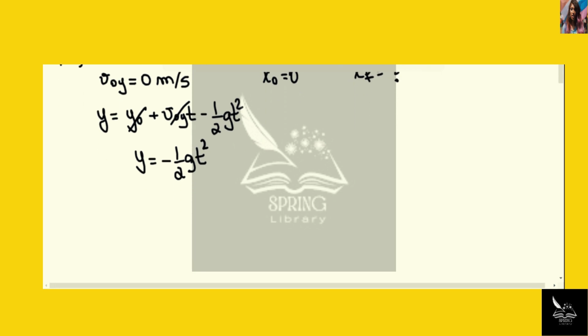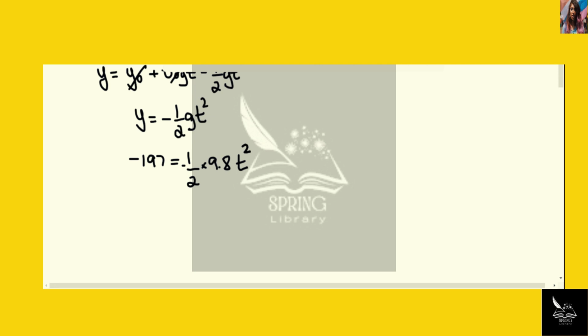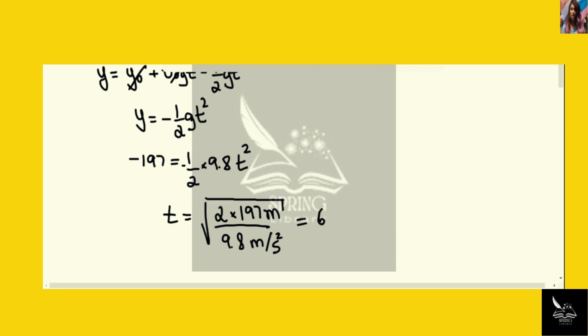In our case, y is minus 197, equal to minus 1/2 times 9.8 meters per second squared times t squared. So t is the square root of 2 times 197 meters divided by 9.8 meters per second squared. So t is equal to 6.34 seconds. That's the time that the rat spends freely falling.